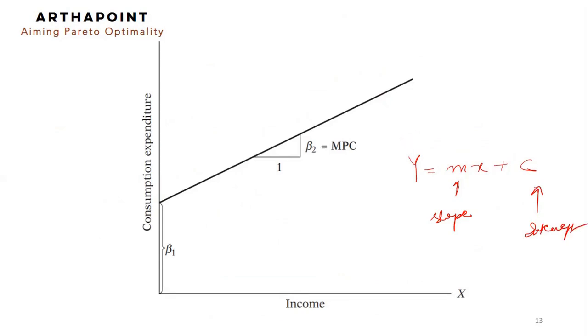Any linear equation is of the form y is equal to mx plus c. M is the slope, c is the intercept, x is the independent variable, and y is the dependent variable.